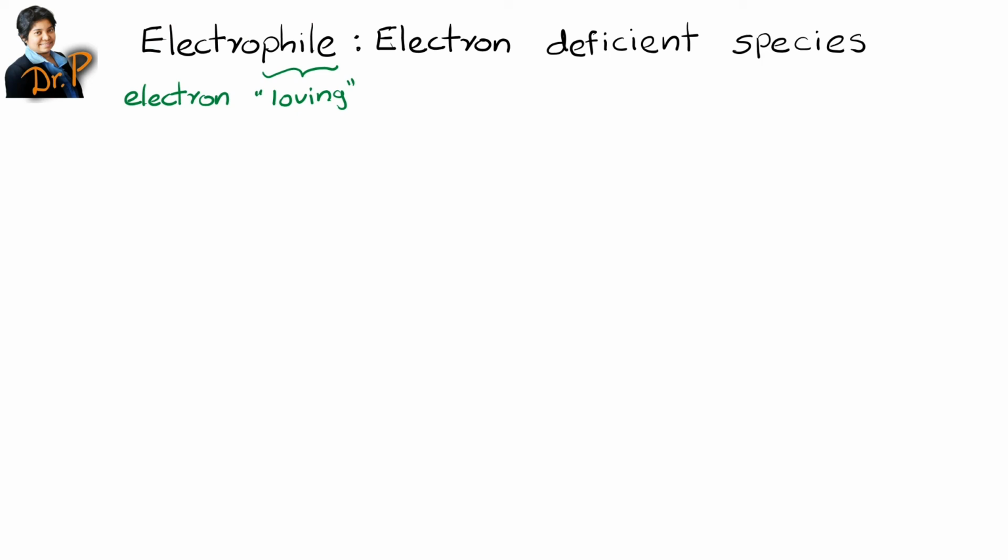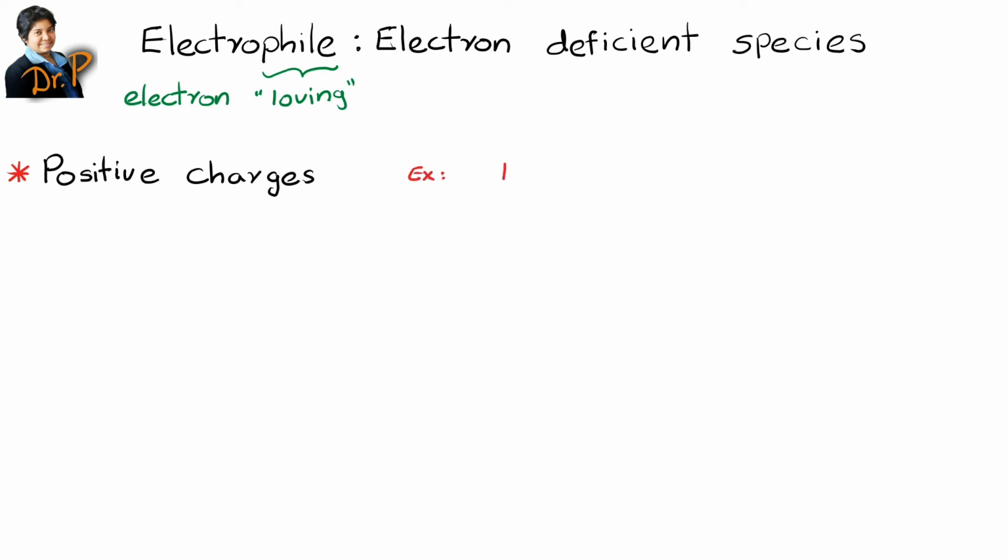So some electrophiles can be positive charges. From your general chemistry, you know how you can get a positive charge. When something loses electrons, it becomes a positive charge. So positive charges are basically electron deficient species.